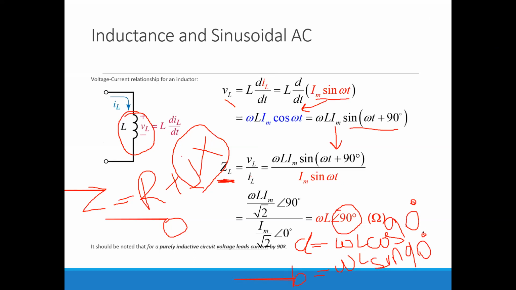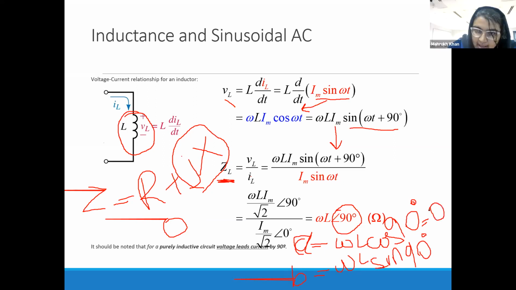So omega L cos 90 will be equal to? What is cos 90? 0. Yes, so it will be equal to 0. And omega L sine 90 will be equal to? Omega L. So if this is A and B, which is A plus jB, that makes this j omega L, right? I will explain it again, just a minute.